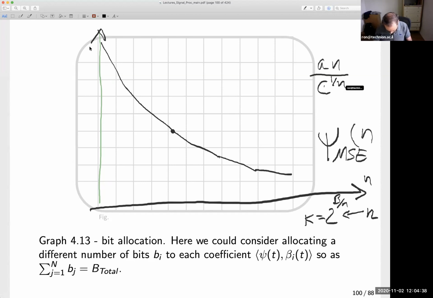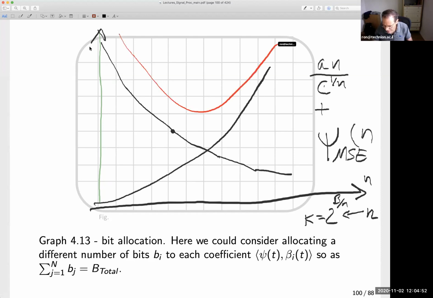This was the second term, and this function goes like that, probably. And if I add these 2 functions, I will get a function that looks like that. So this would be the overall function that I'm looking at. And the minimum point of this function is here. This is something that I can explore and investigate. So this would be the optimal n, the optimal number of functions that I would be using if the total number of bits for the quantization of these numbers is a fixed number, which is equal to b total.